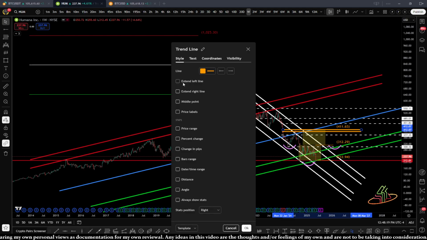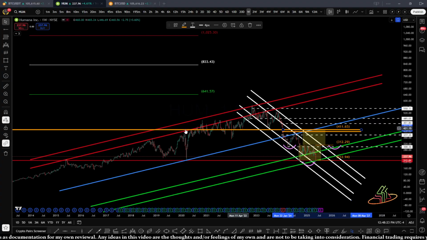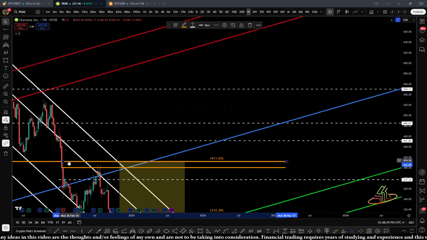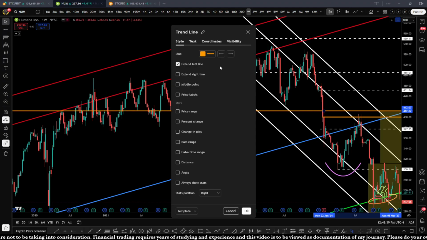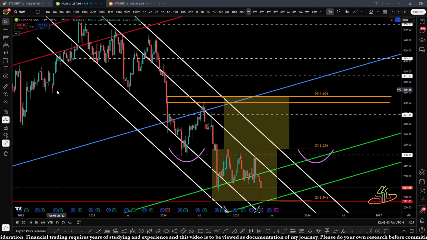Let's extend this to the left, right? And when we extend this to the left, you can see that where this lines up, it basically lines up with the market structure, right? You can see it bouncing, bouncing, bouncing. So that's the market structure, right? Take that off, put that back, and we can see that, okay, we're lined up with the market structure.